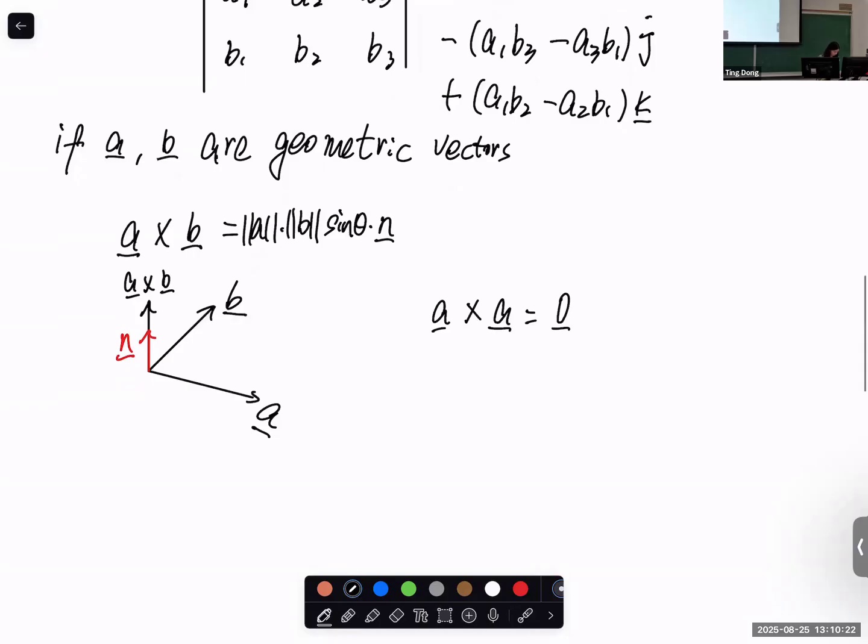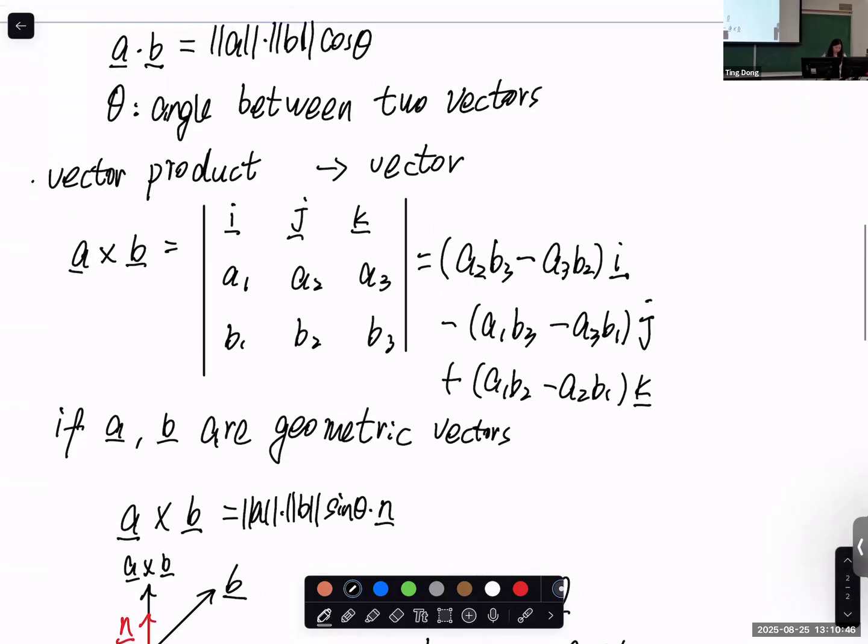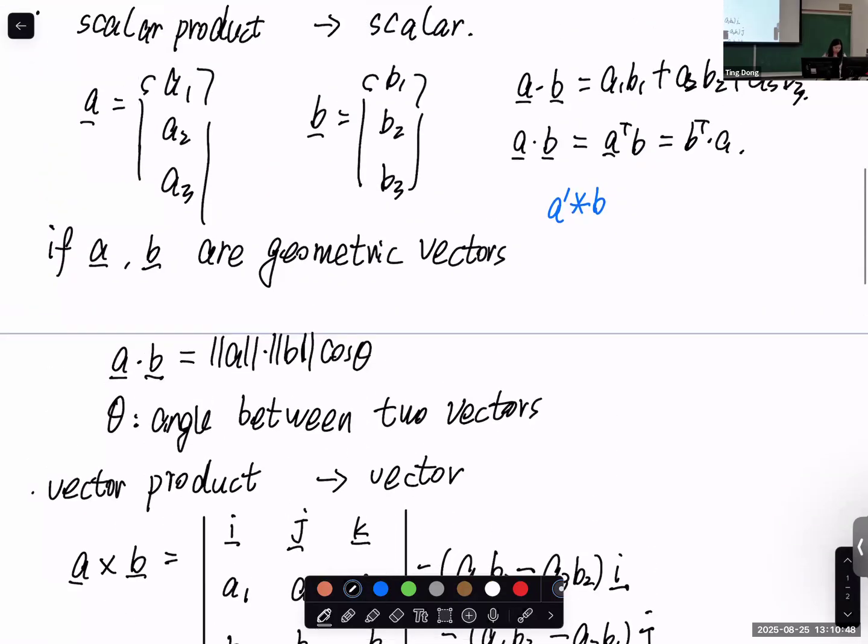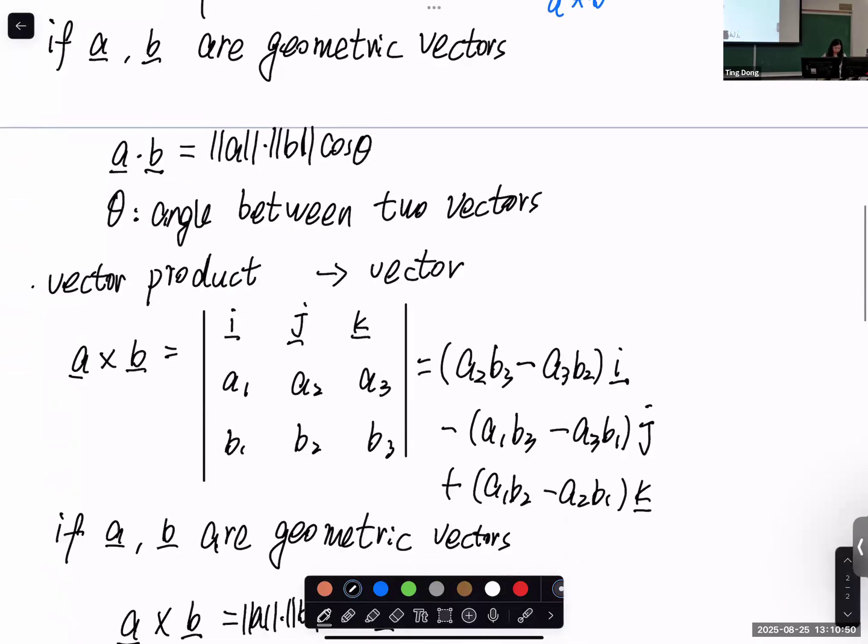And B vector product A equals negative A vector product B, because the unit vector directions are opposite. So this is the definition and operation of vectors, and just make sure you understand that there's a little difference between the scalar product and the vector product.